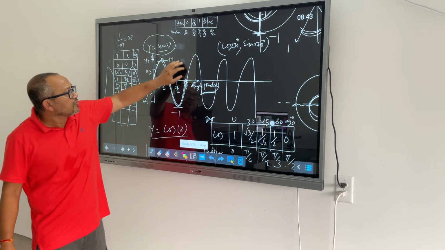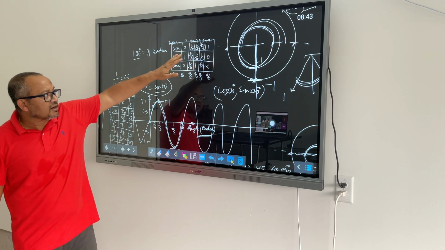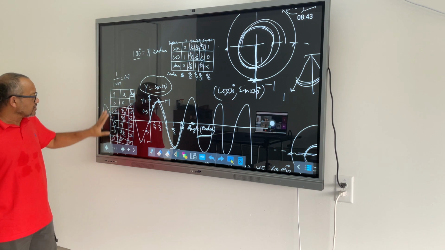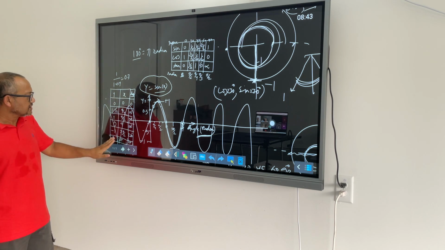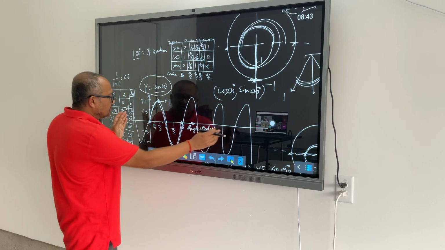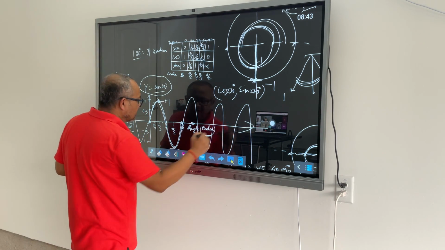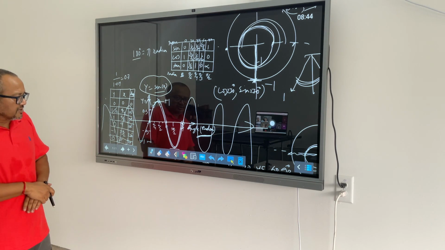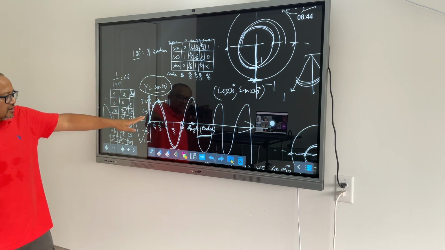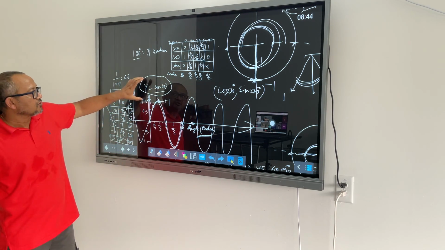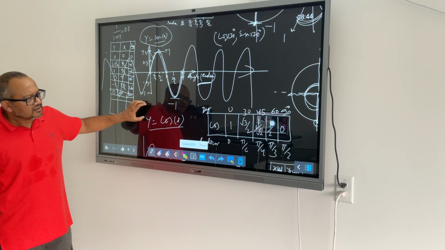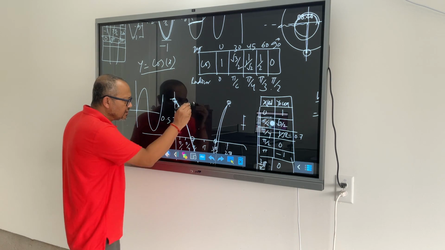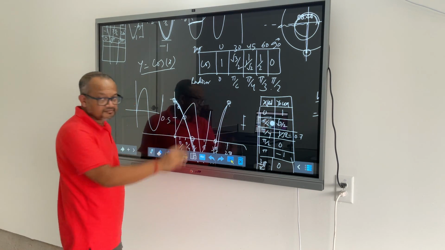Based on what we know from these commonly used angles and our understanding of the unit circle theorem, we found out different values of sine of different angles, and we plotted that in a coordinate plane, where my horizontal axis is my angle and vertical axis is the value of the sine of the respective angle. And when we plotted it, it gave the sine curve. When we had to do it for cosine, we used the same approach, same concepts. Only difference we saw was sine starts from here, cosine starts from here.